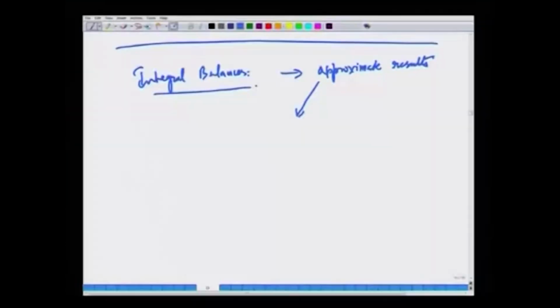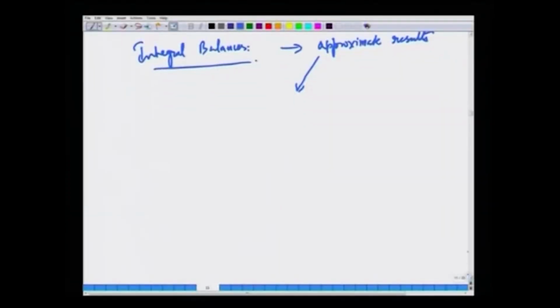So, that is the viewpoint we will take on the application of integral balances: they allow for simple solutions, but they give only approximate answers. So, that is the key thing that we have to understand.